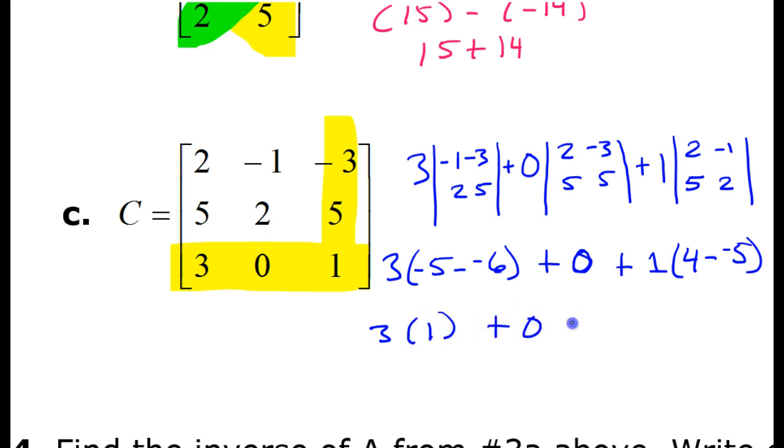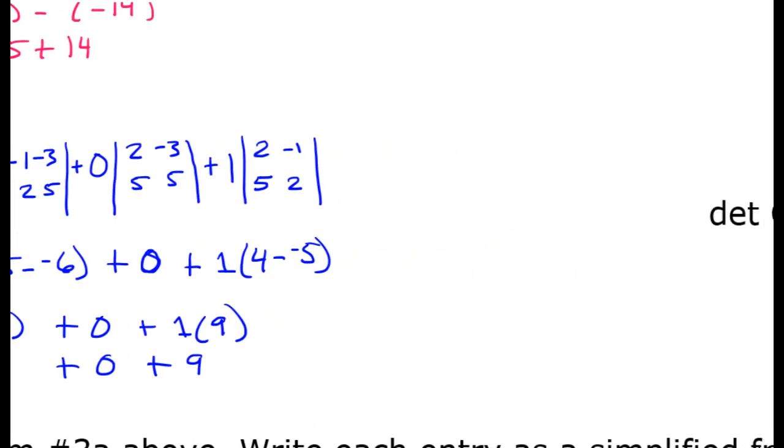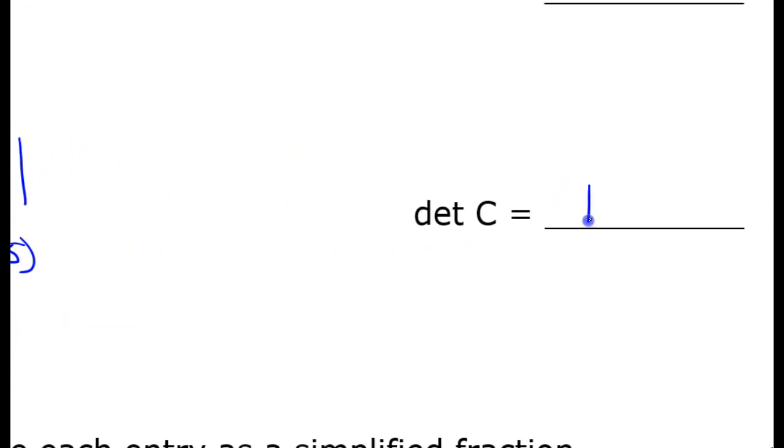Plus 0 plus 1 times 4 minus -5, which is like 4 plus 5, so that's 9. So we really will have 3 plus 0 plus 9, and 3 plus 9 is 12. So the determinant of matrix C is 12.